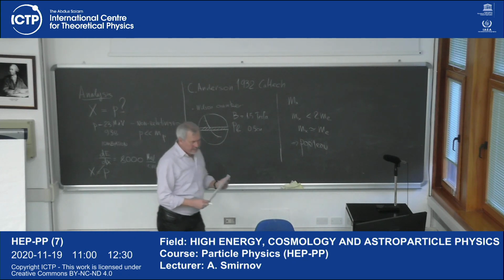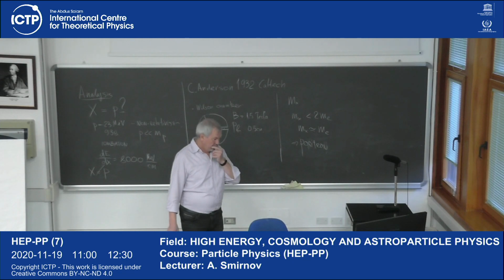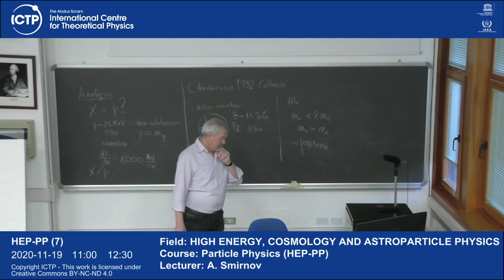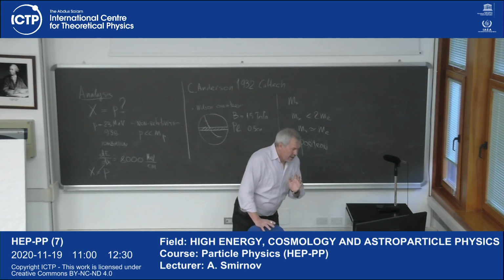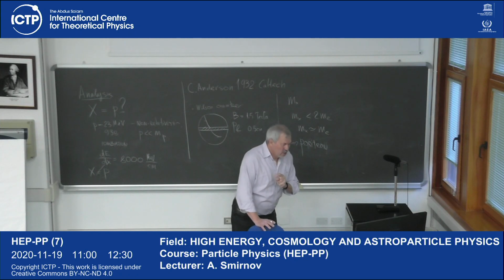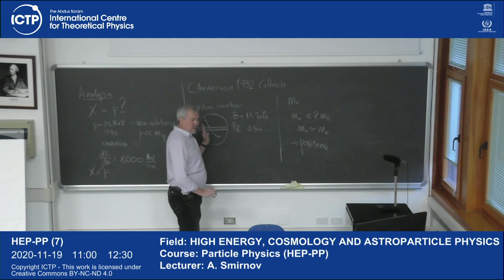Questions? I have one question. When we take a snapshot of the track of the particle, doesn't it alter the trajectory? Why should it alter? That's what was seen on the photo.